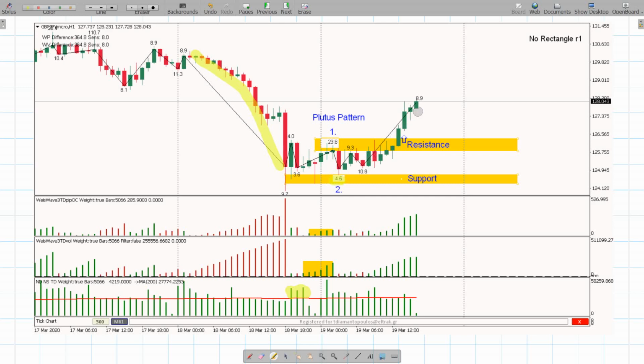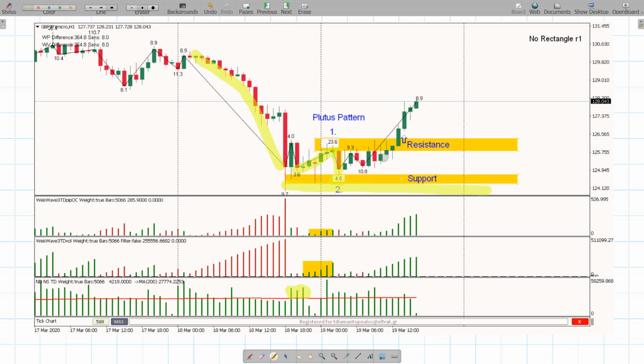We break up and boom we go. That's a Plutus pattern. The Plutus pattern is this: one wave with a high speed index and the next wave with a low speed index. But the prerequisite is that this fast wave never breaks this level.